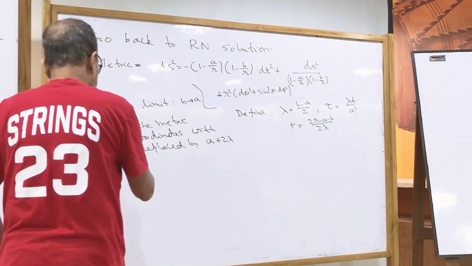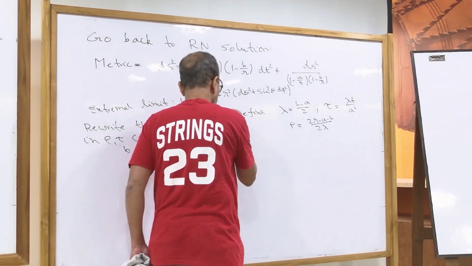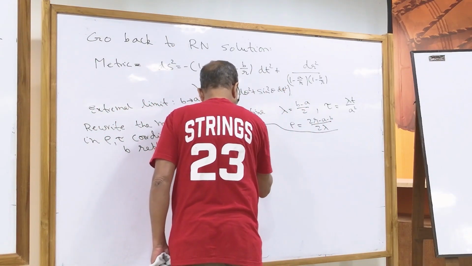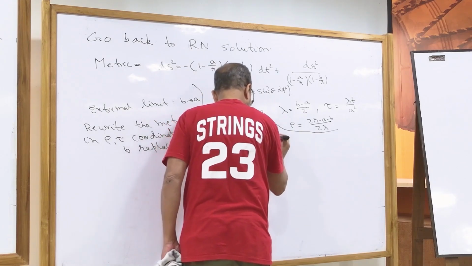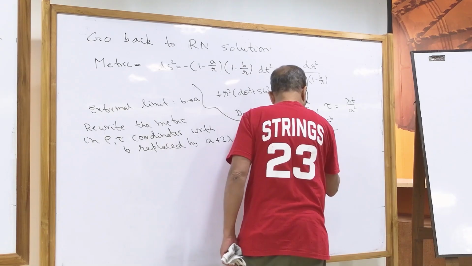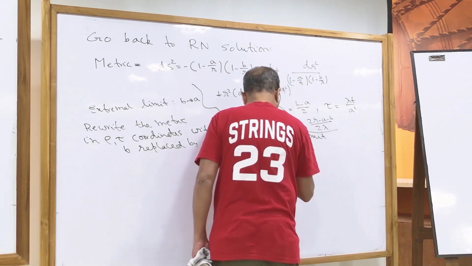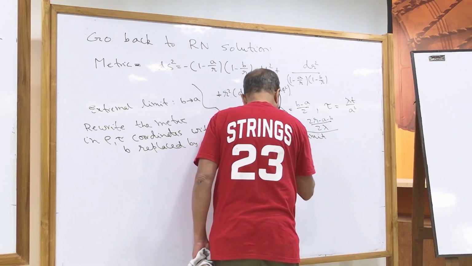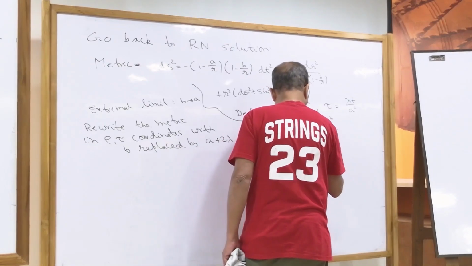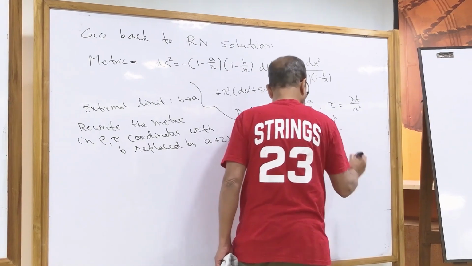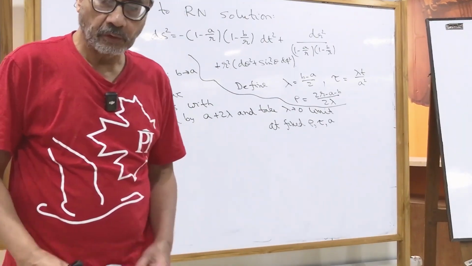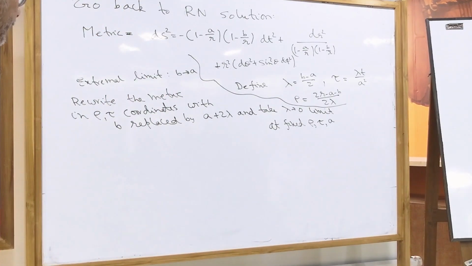Okay. So rewrite the metric in this coordinate system and take the lambda to 0 limit at fixed rho, tau and A. So, we'll keep A fixed, rho and tau fixed.